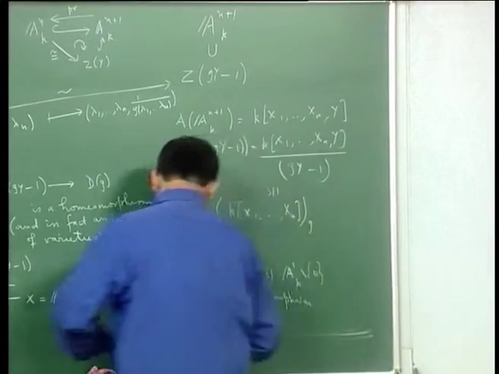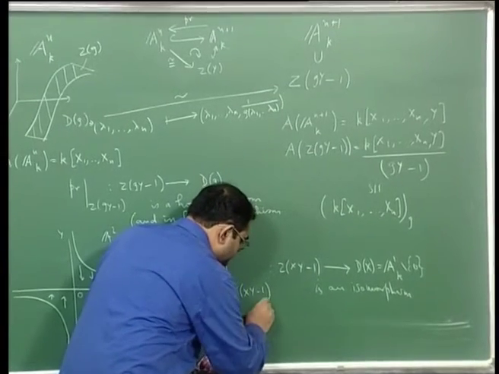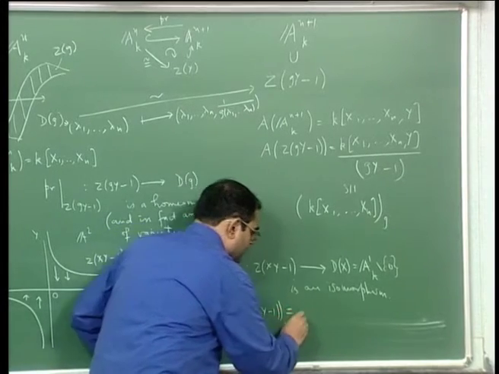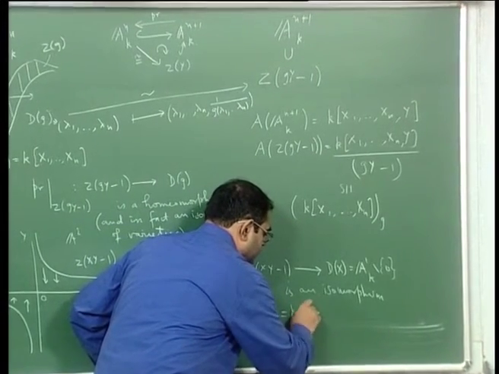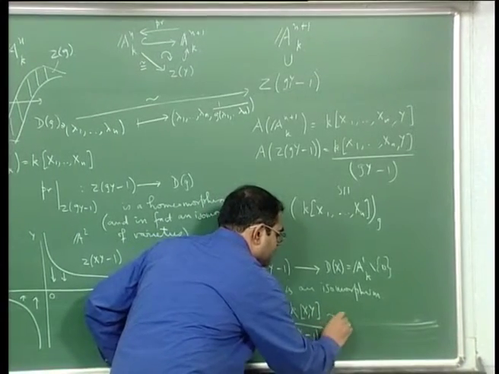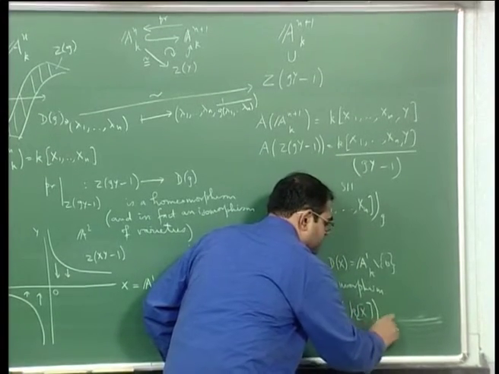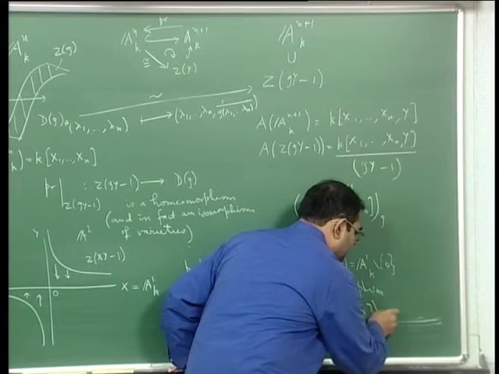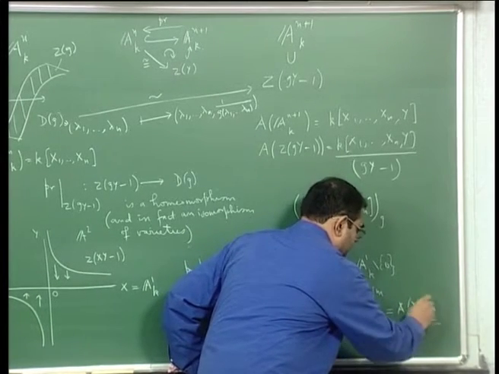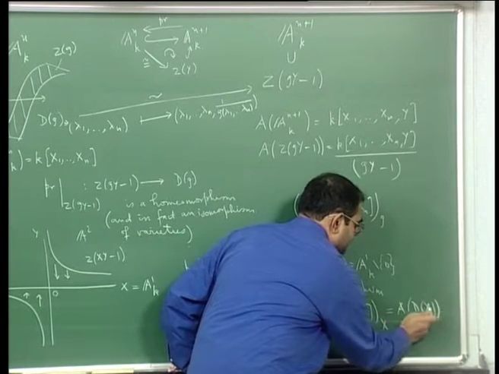It is just the statement that the affine coordinate ring of Z(xy minus 1), which is k[x,y] modulo (xy minus 1), is isomorphic to k[x] localized at x, which is defined to be the ring of functions on D(x).